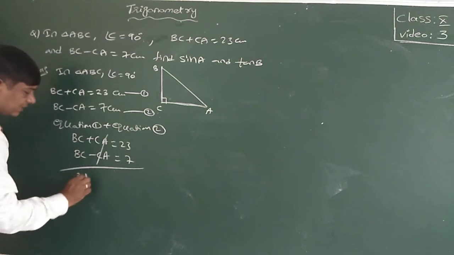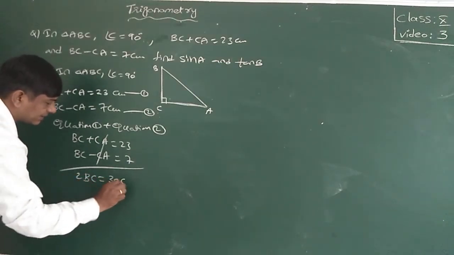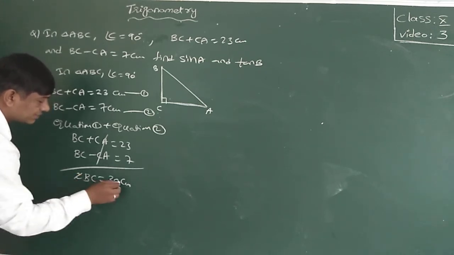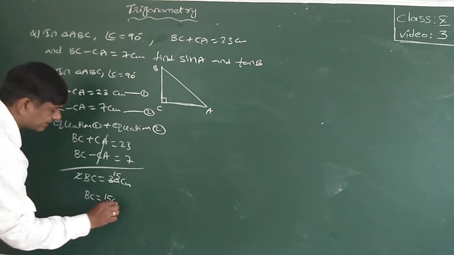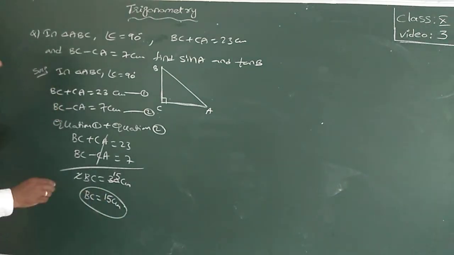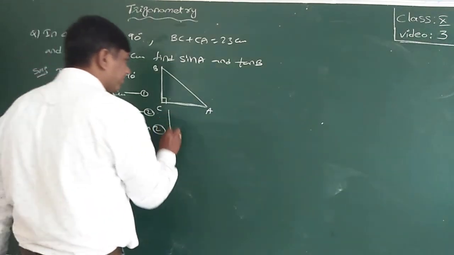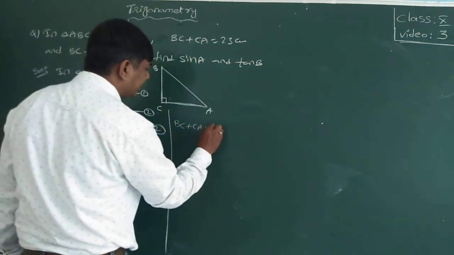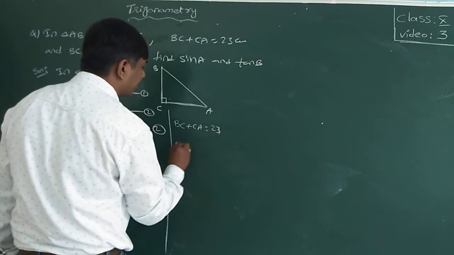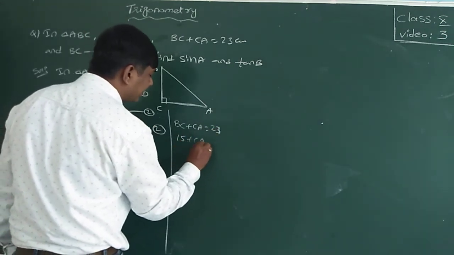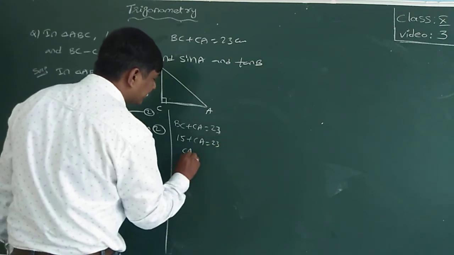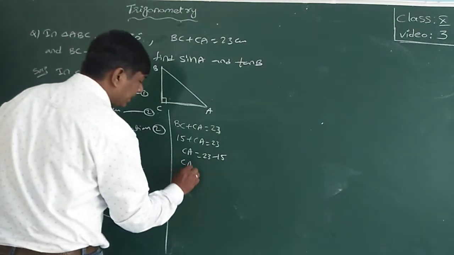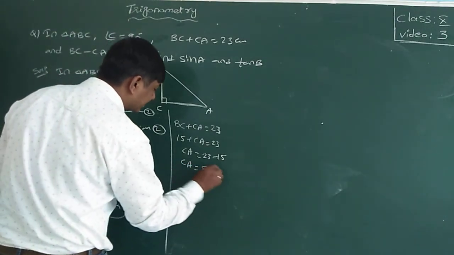CA gets cancelled. 2BC is equal to 30 centimeters, so BC is equal to 15 centimeters. Now 15 plus CA is equal to 23, so CA is equal to 23 minus 15, CA is equal to 8 centimeters.